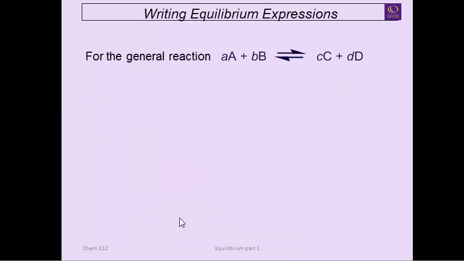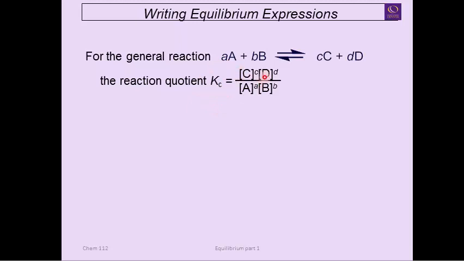So in general, for any reaction, if you want to write the equilibrium expression, so here we go, we're looking at reactants here. This is the A, this is the coefficient in front of the A. A is some reagent, B is some reagent, C is some product, and D is some product. The c and d are the stoichiometric coefficients. You can always write it, big K, and this is by concentration.